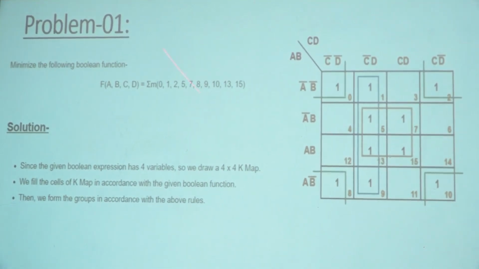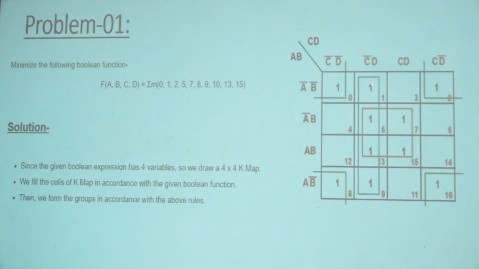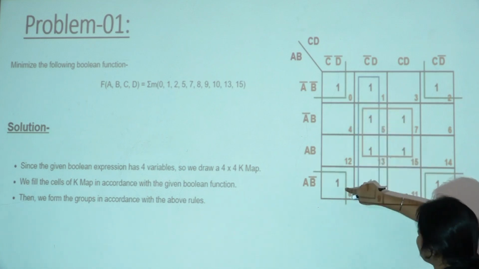What is the difference between this problem and the previous problem? I have cells 1 and 9 added here. So first I go for this quad, 5, 7, 13, 15 as one quad. Next 0, 2, 8, 10 as another quad. Next I have this 1 and 9. There are two possibilities here. Can you tell me what those two possibilities are? I can quad 0, 1, 8, 9.